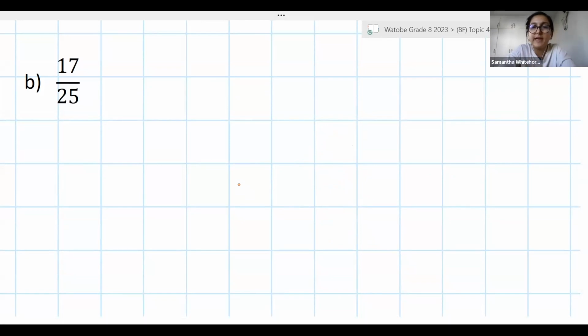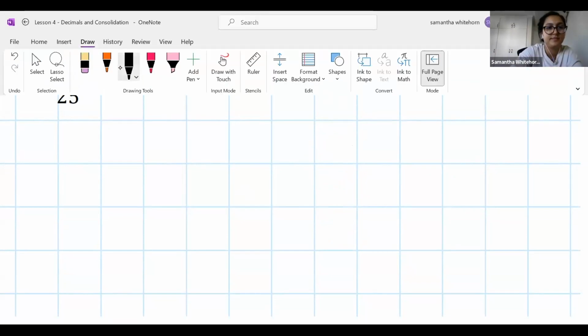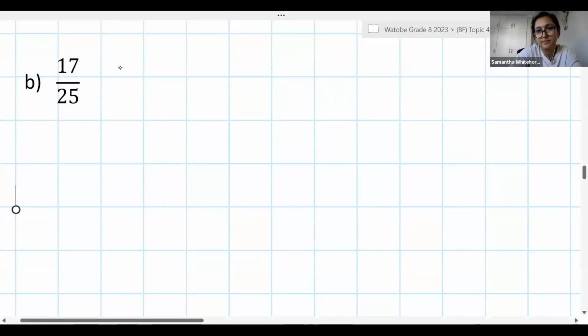Nice. Does anyone want to raise their hand and explain to me how they got their answer? Nigel? There's 17 over 25, which will times 25 times 2 is 50, 17 times 3 times 2 is 34.